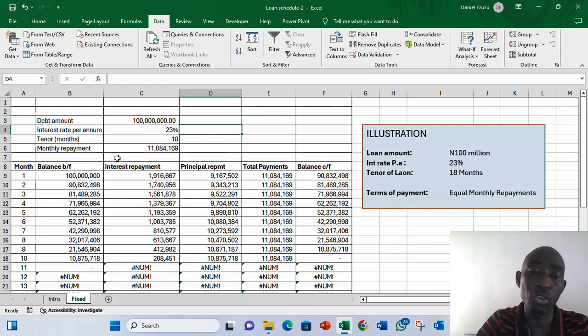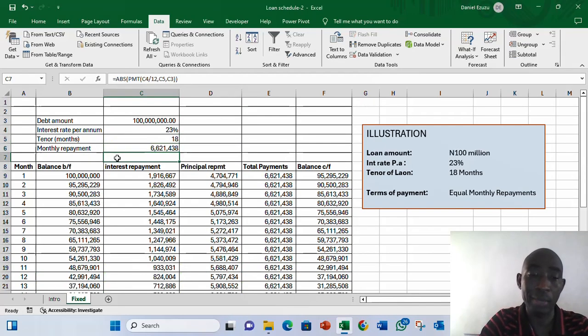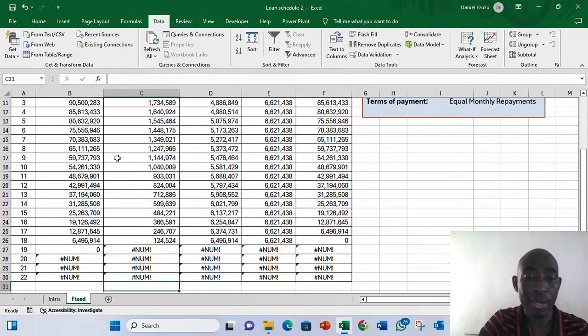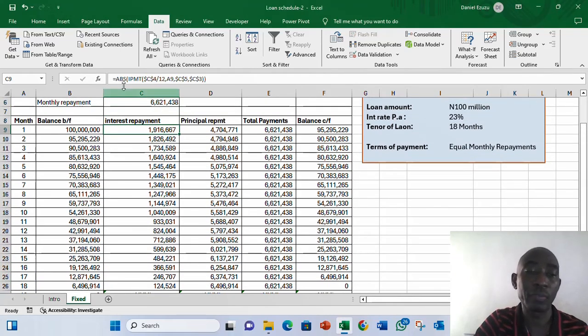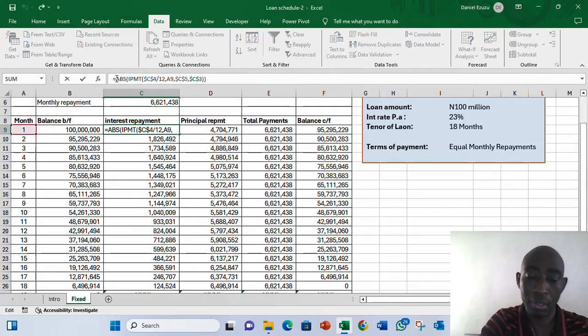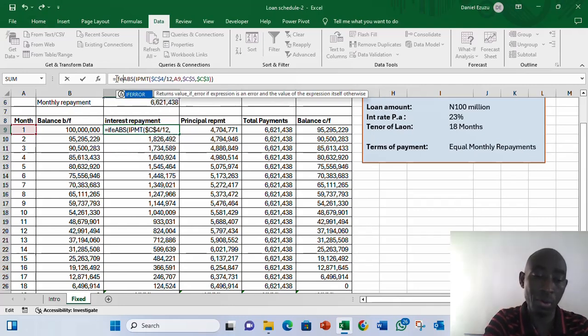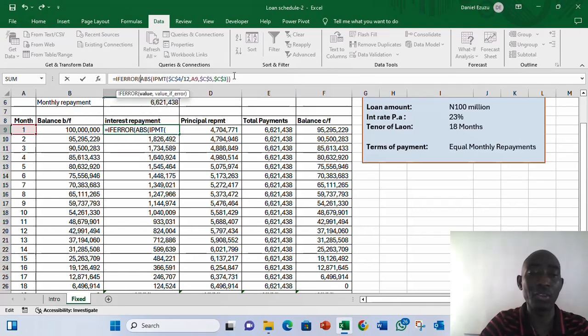So what I'm going to do is, let's first change this to 18 months, which is the actual data form. And I'm going to come here. I'm saying that if this formula translates into an error, it should just put a space there. So I'm coming here to say IFERROR, if that formula translates into an error, the whole of this is asking me value if error. If it is error, what should it put there?